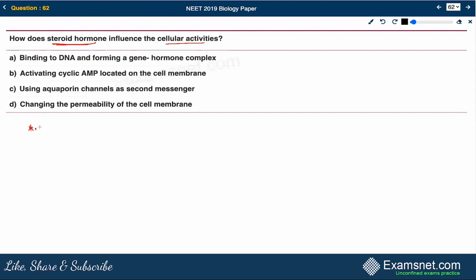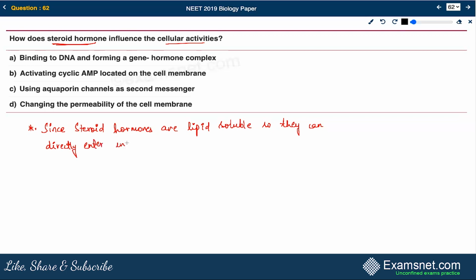Steroid hormones are considered lipid soluble hormones, because they can cross the plasma membrane. Since the plasma membrane is made of lipid, and steroid hormones are lipid soluble, they can directly enter into the cell by crossing the plasma membrane, which is actually made of phospholipid bilayer.